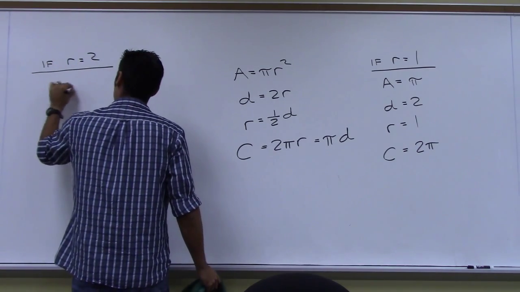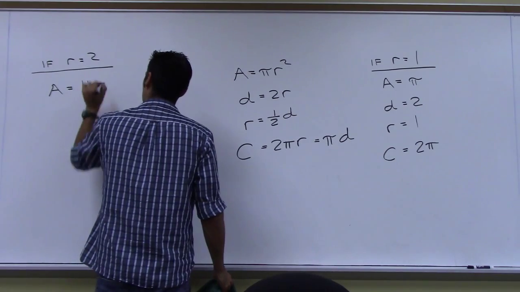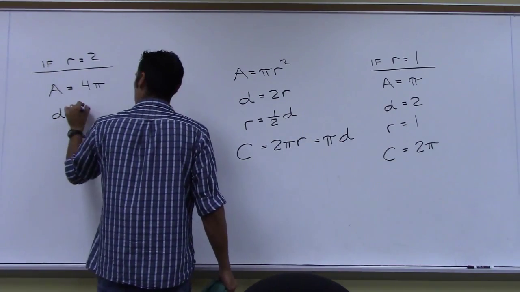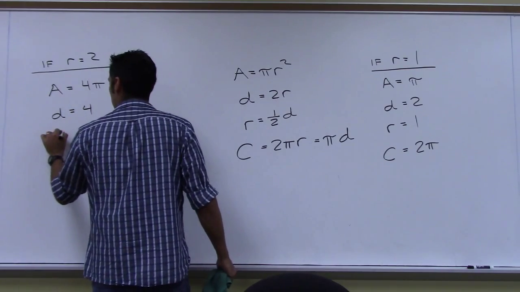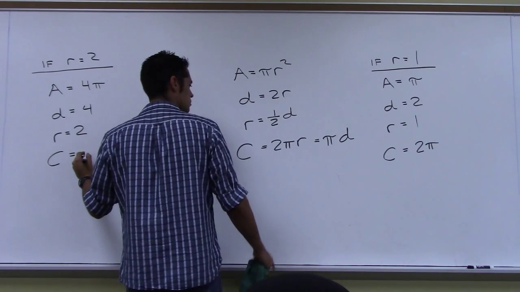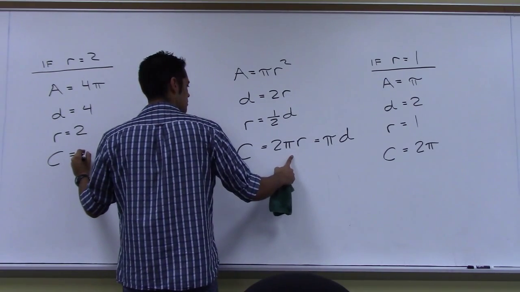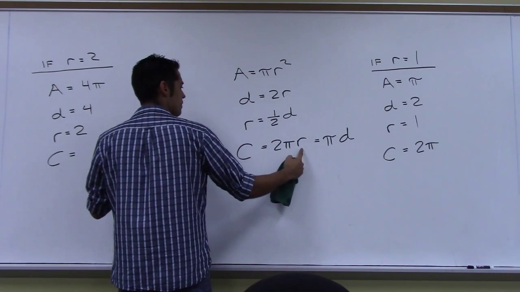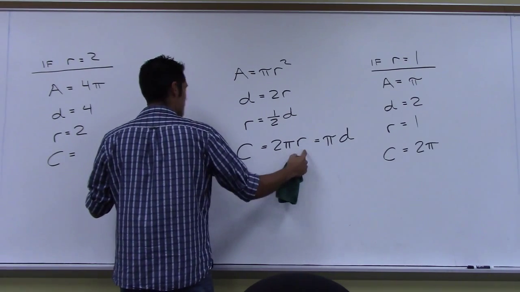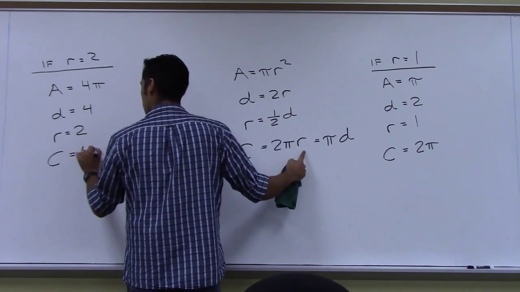Area would now be 4 pi. The diameter would be 4. The radius we already know is 2. What would the circumference be? 4 pi. Sorry, my radius is 2, so the circumference would be 4 pi. Do we agree?